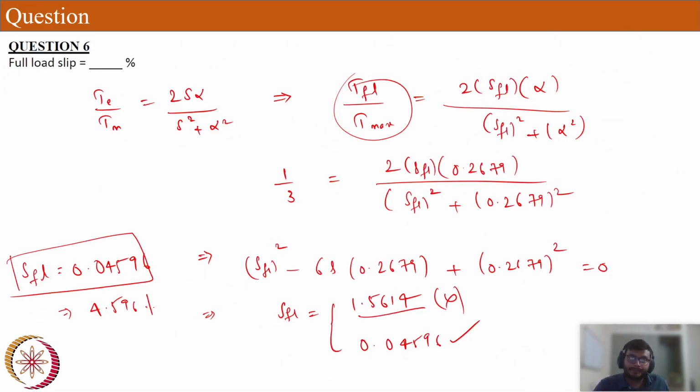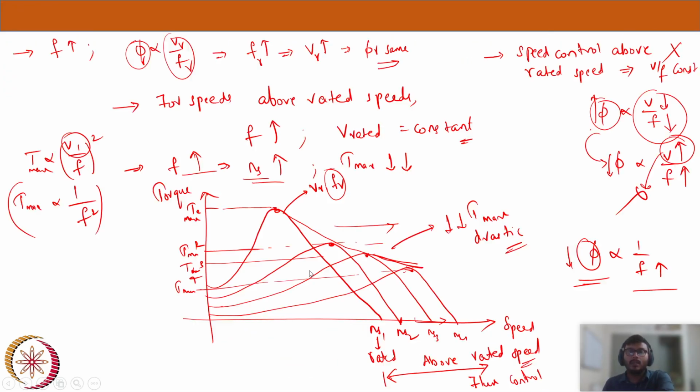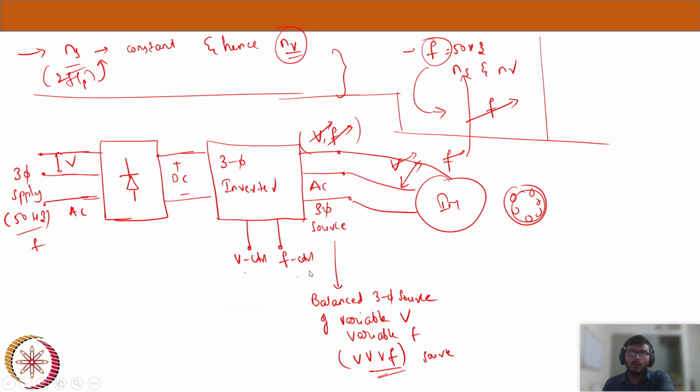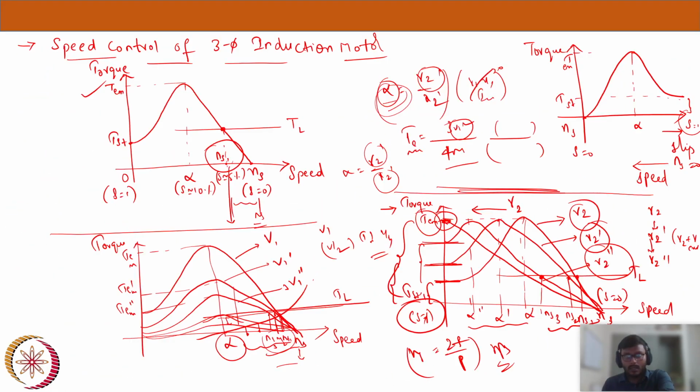This is the point where we will stop our discussion for today. As a quick summary, we started with the concept of speed control, because the basic things in a machine are starting, speed control, and stopping, which is electrical braking.